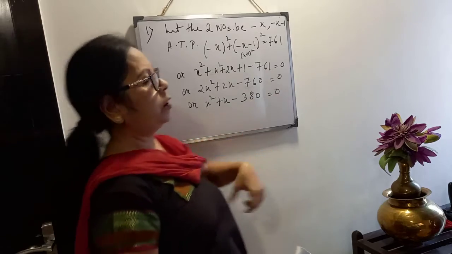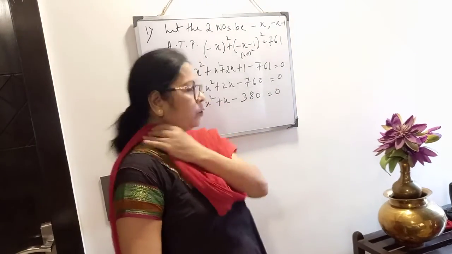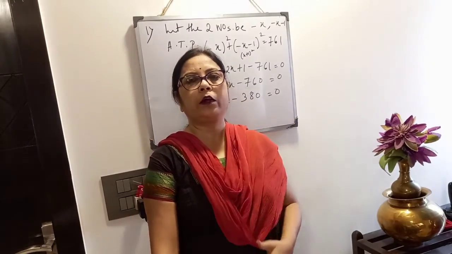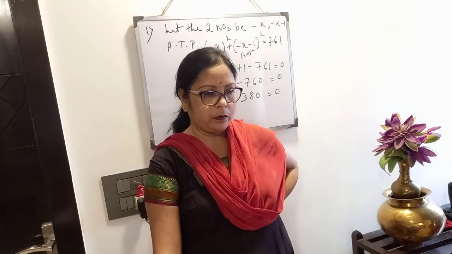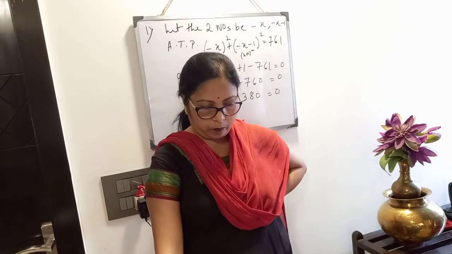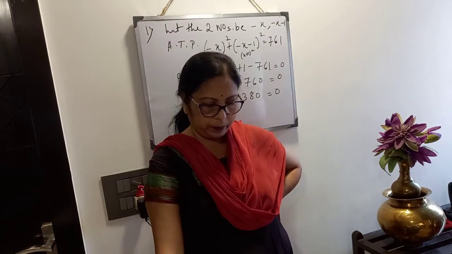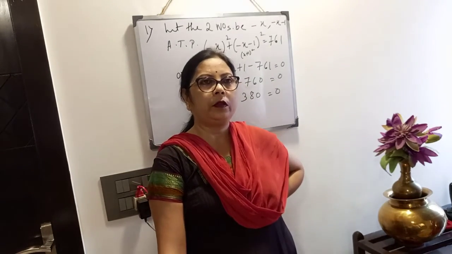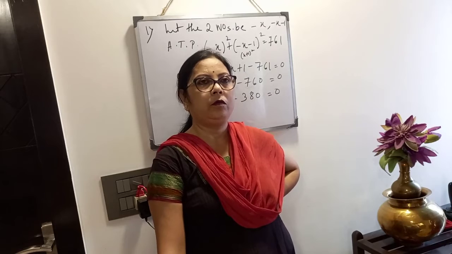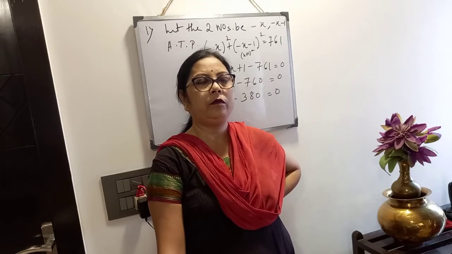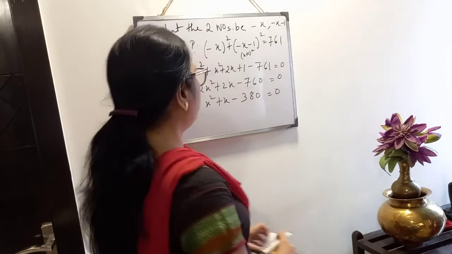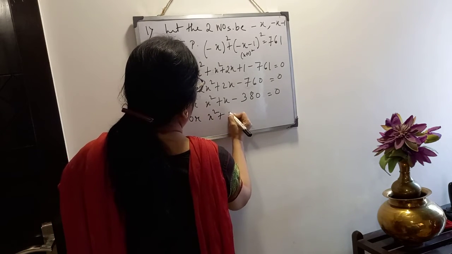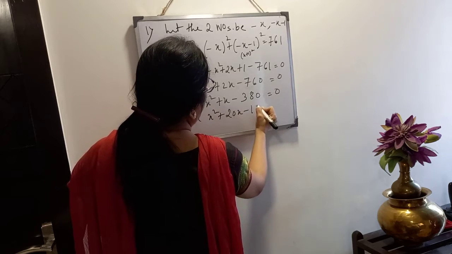Then you have to find out the factors of 380 so that we will get plus 1. Clear? So factors of 380 differing by 1 you have to bring. 19 twos are 38. So 19 and 20, or x square plus 20x minus 19x.